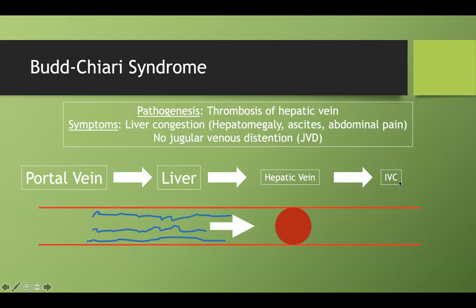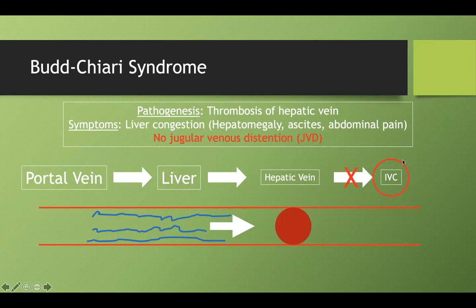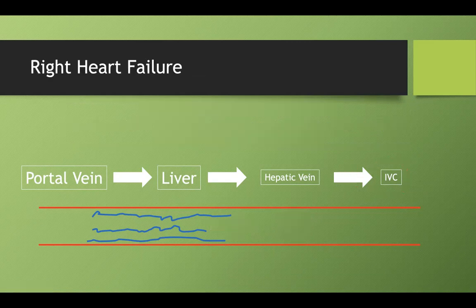So if your IVC gets congested, it's likely that your jugular veins will also get congested. So let me show you what I mean. In this case, in Budd-Chiari syndrome, notice how our IVC is distal to the thrombosis. So because there's nothing actually making it to the IVC, there's not going to be any jugular venous distension.